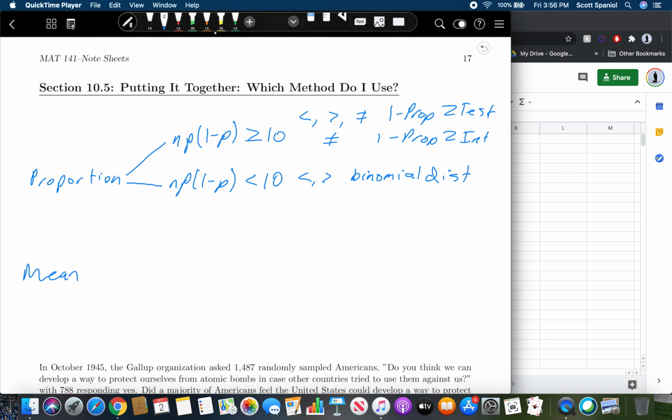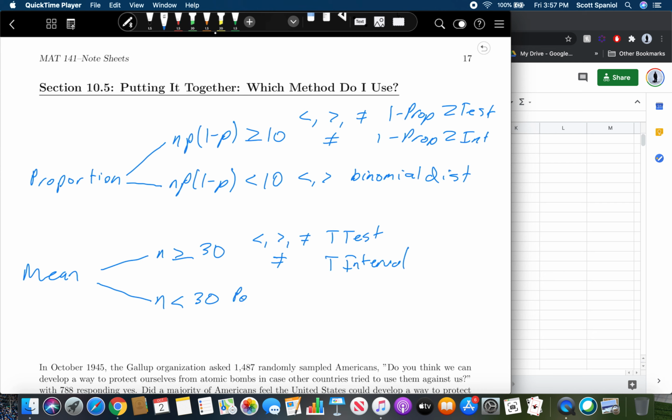Similarly, with the mean, if n is greater than or equal to 30, for less than, greater than, or not equal to, you can do the t-test. Nope, sorry, not 1-prop. And for not equal to, you can do a t-interval. But if n is less than 30, then one of a few things needs to happen.